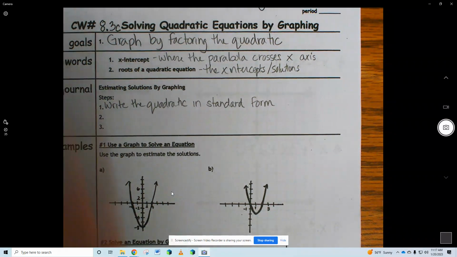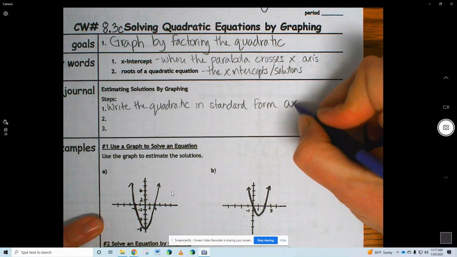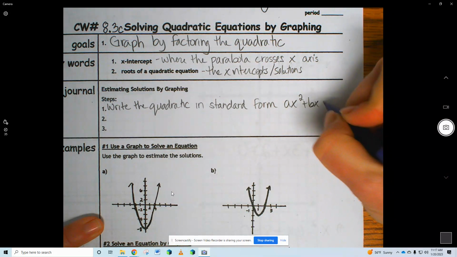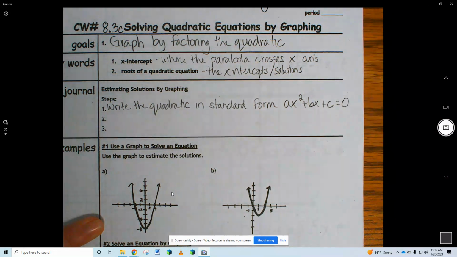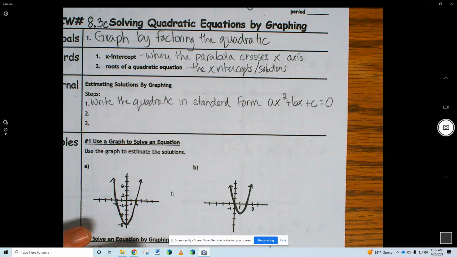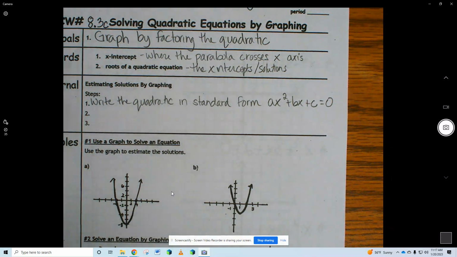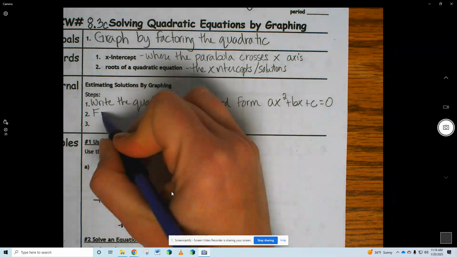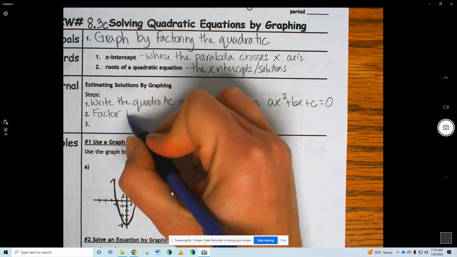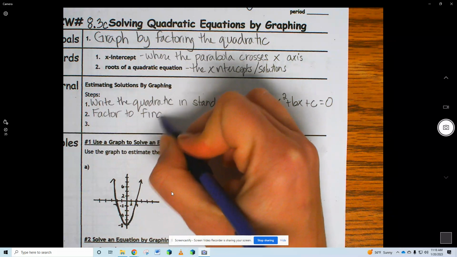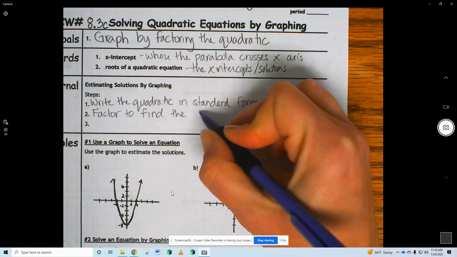Standard form is ax squared plus bx plus c equals 0. Number 2, factor to find the x-intercepts.